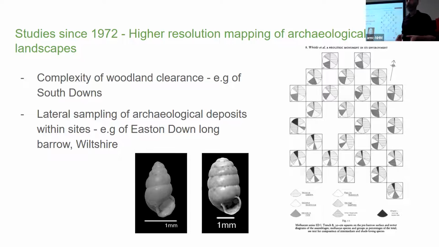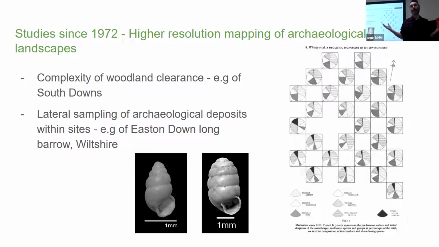Another thing that was very standard practice in the work of Sparks and of Kerney and of John Evans was to be looking at vertical sequences of samples from open sections, or perhaps from boreholes in some cases. But an innovation of archaeological sampling in the 1970s and 1980s was looking at lateral sampling as well.